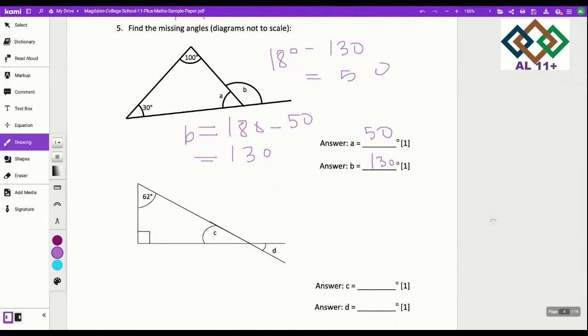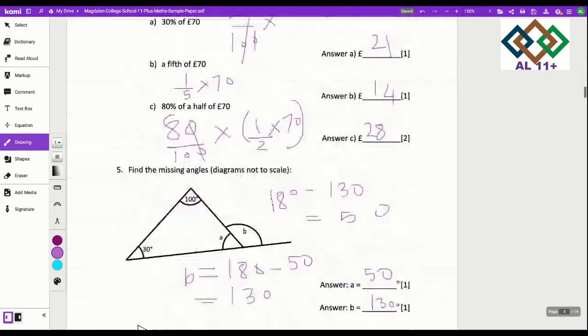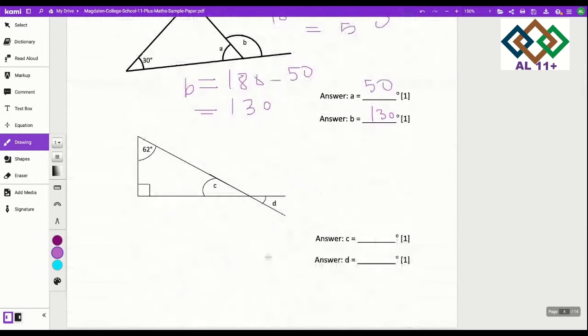And now you have to find what is C and D. So first we have to find what is C. So C equals to 180 minus, we know this is 90 degrees. Let's write that down so you don't get confused.